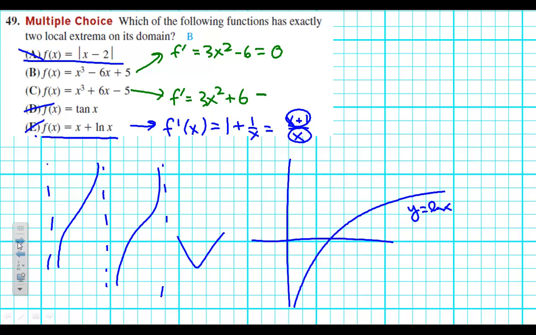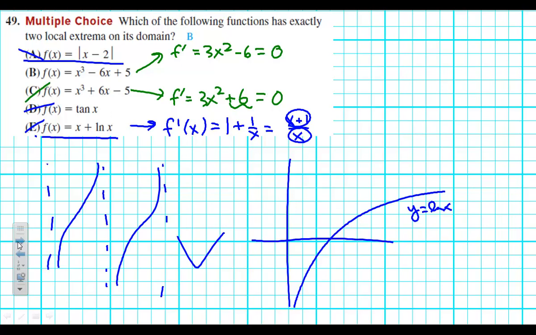Now, I believe one of these 2 has no solutions. So if I took this 6 over to the other side, I get something squared is equal to a negative number, and that doesn't happen in the real number system.